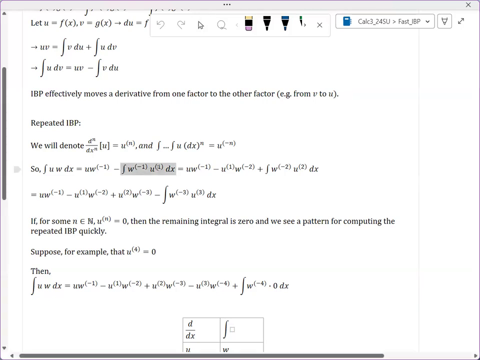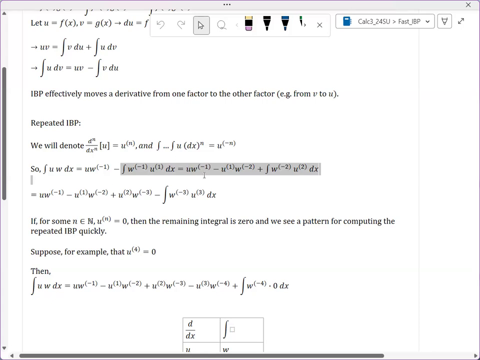Because here we can look at this as an integral of two factors dx, u1 and w minus 1 being the two factors, or u w minus 1 comes over, and then we have minus, and again we want to take a derivative off of w and put it onto u.